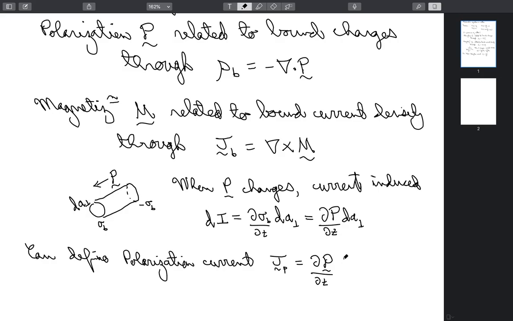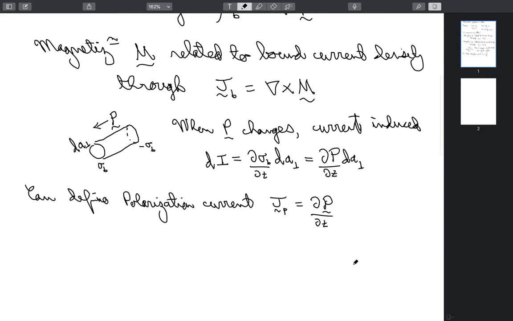Okay, there's one important thing that you have to understand here. It's got nothing to do with what we've seen before of the bound currents.